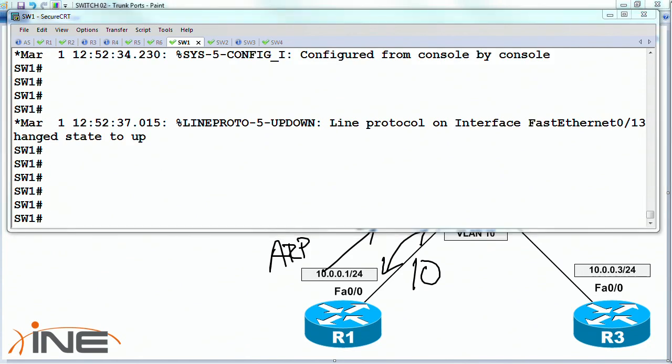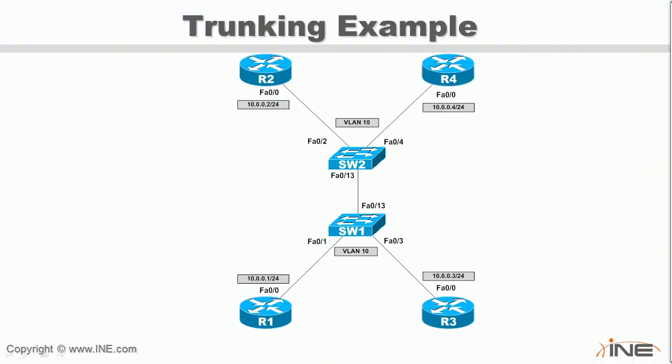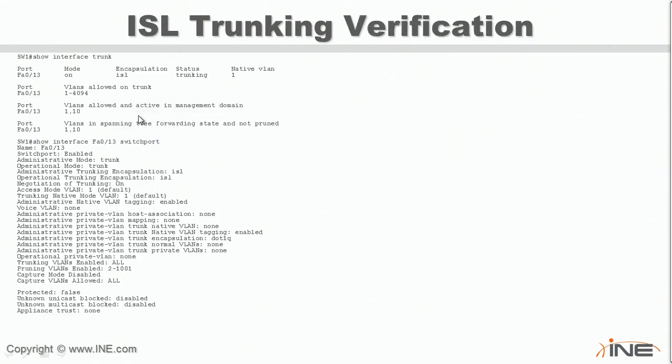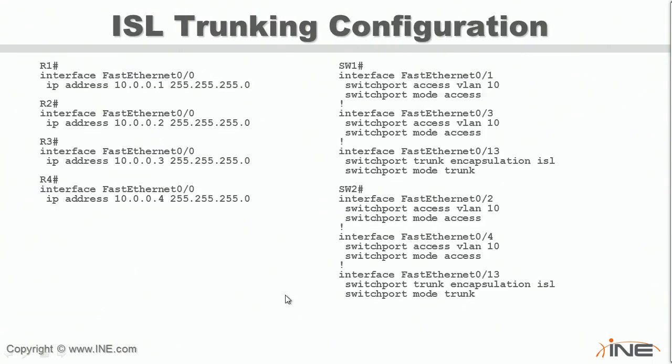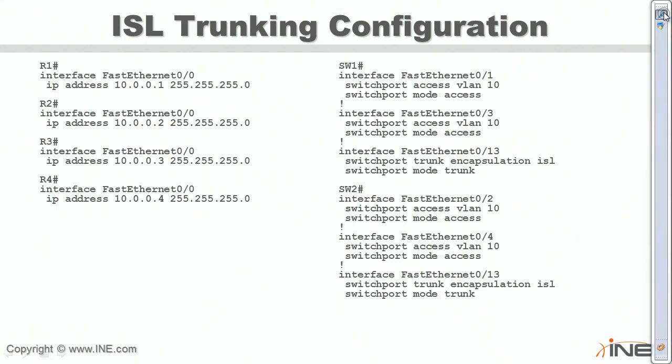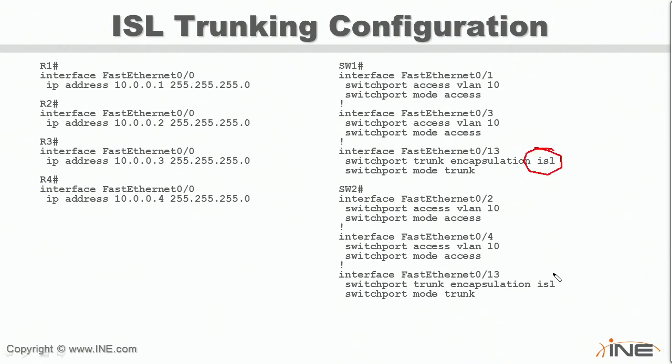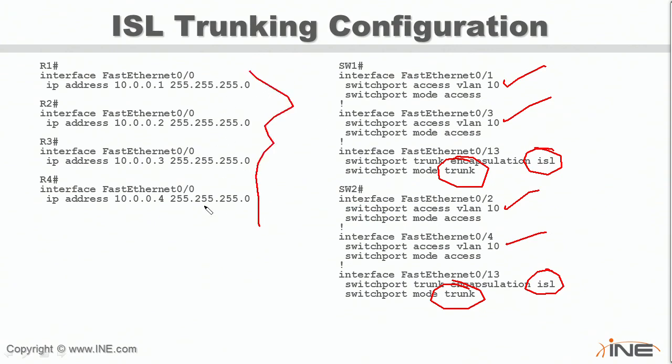So if we look at the final configuration results of this, as long as the switches agree on what the encapsulation is, that the interface is running in trunking mode, and that this number is going to match on the ports, then the broadcast domain between these 4 devices should be the same, end-to-end.